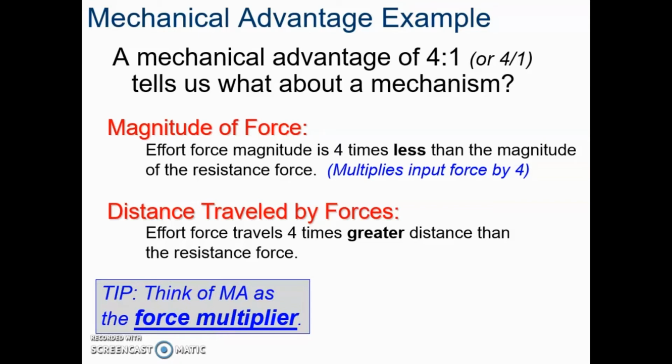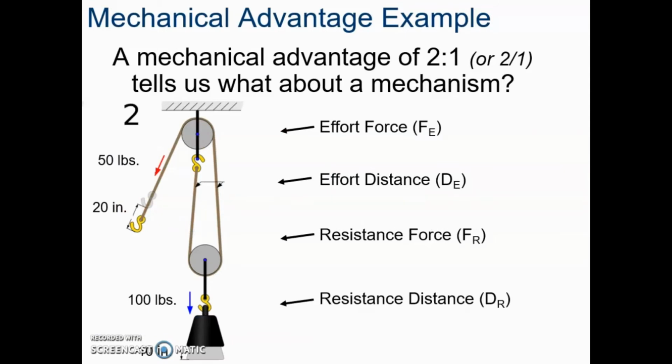Now let's talk about an example of what this might look like. So we have this block and tackle system here, and we're told that we have a mechanical advantage of 2. Typically, when we're talking about simple machines, you're always going to have to label 4 different things: the effort force, the effort distance, the resistance force, and the resistance distance. So let's talk about that 2 to 1 in terms of forces.